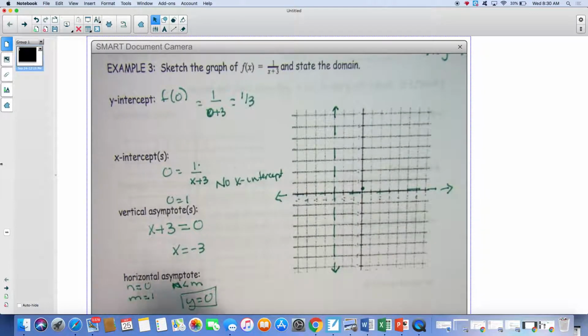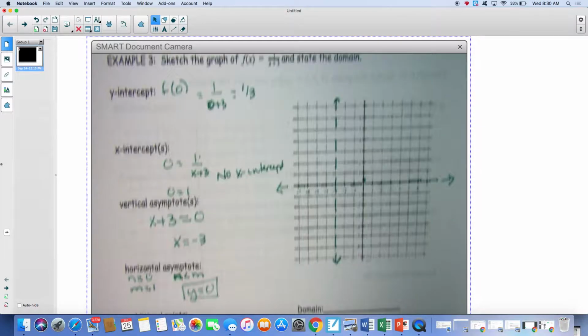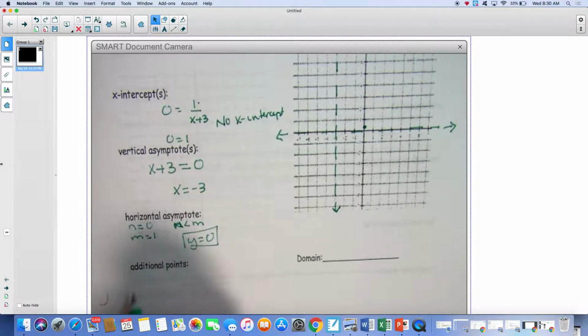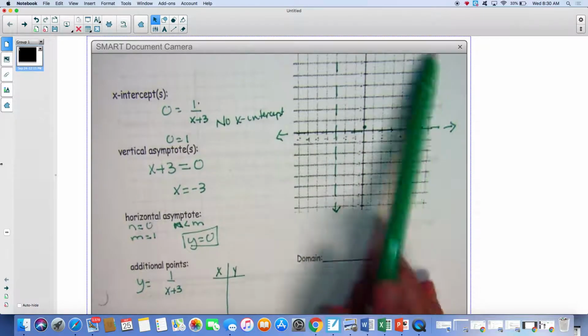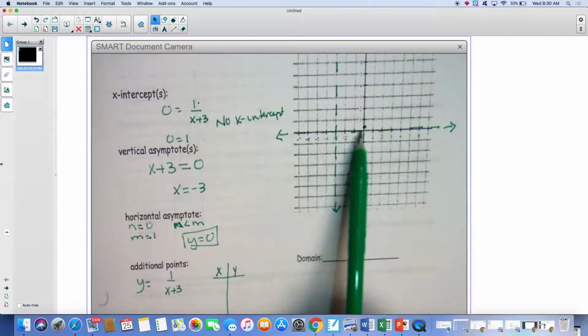Find some additional points. Well, we know that on this side, this graph is not going to cross here.